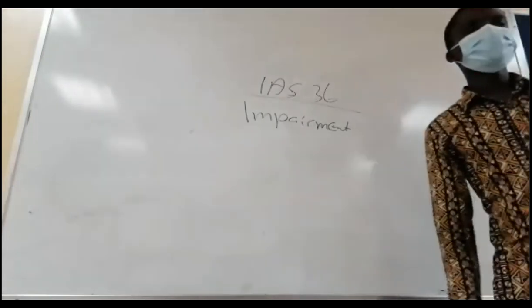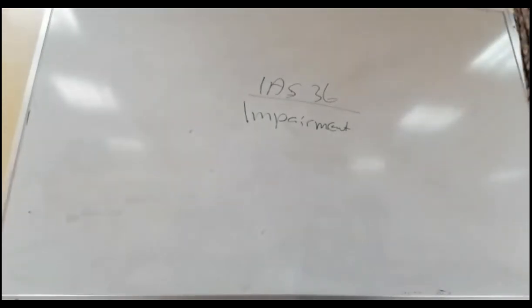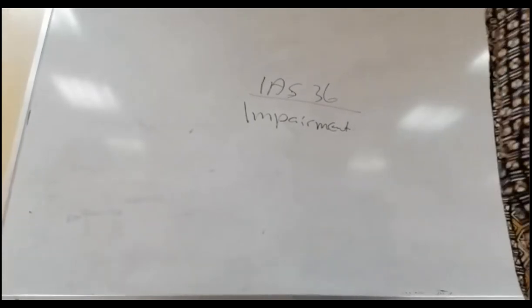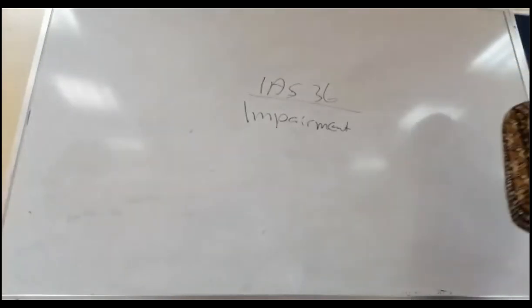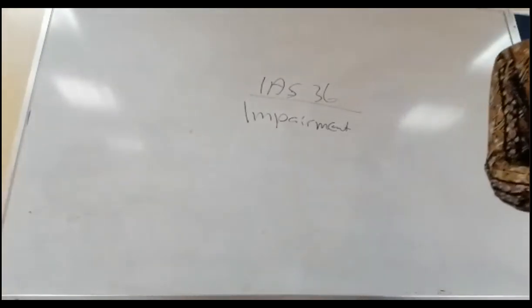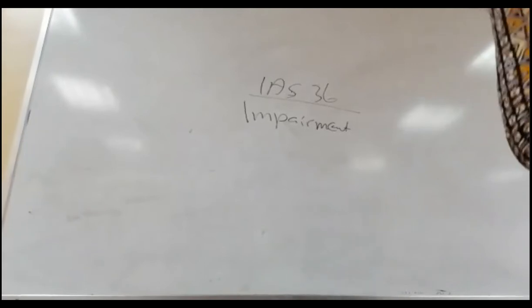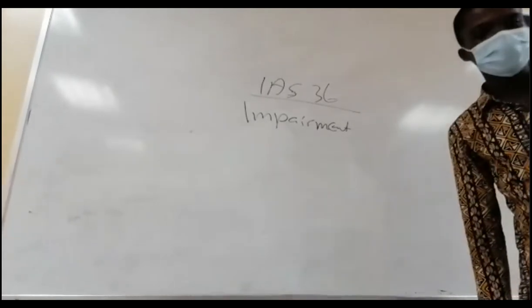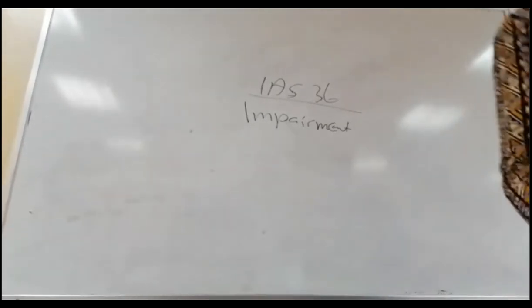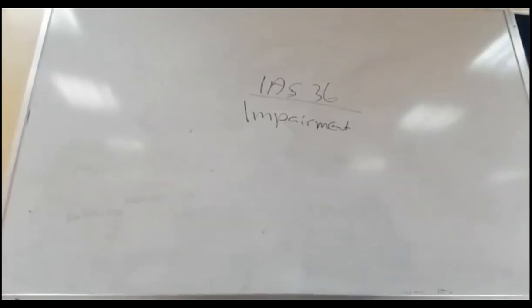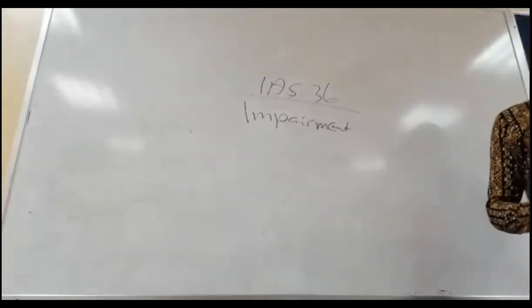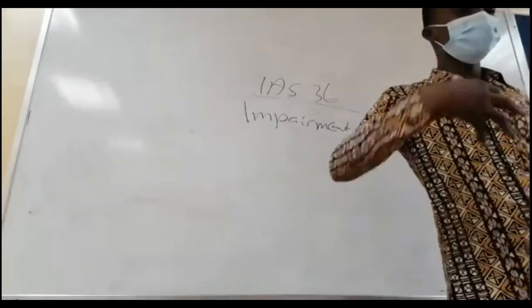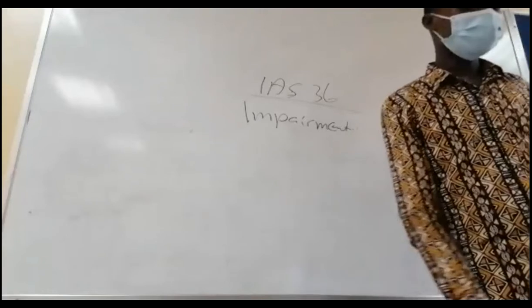Now, when you talk about impairment, it simply means the current amount of the asset exceeds the recoverable amount. So anytime the current amount of an asset exceeds the recoverable amount, that asset has been what? Impaired. So let's go practical. You have an asset here, and the carrying value of that asset exceeds the recoverable amount, then that asset has been what?